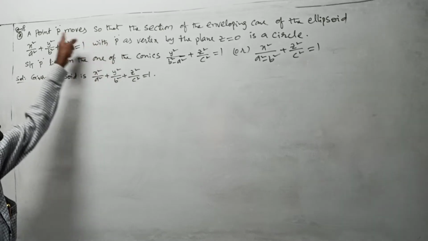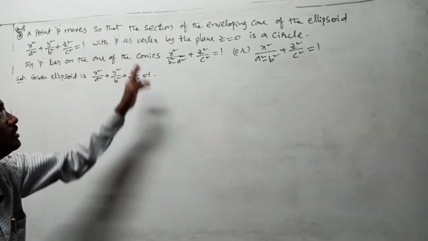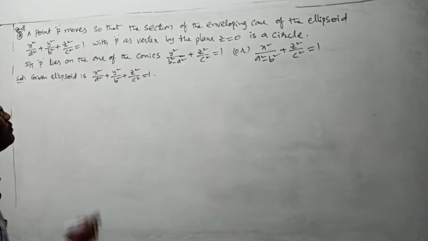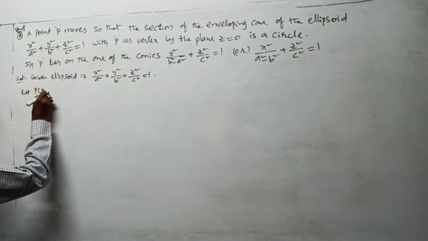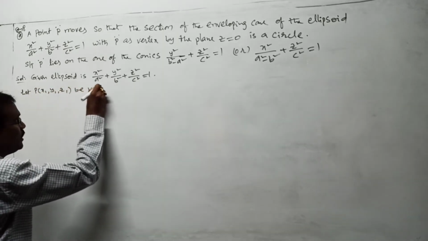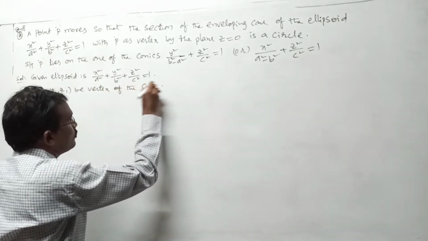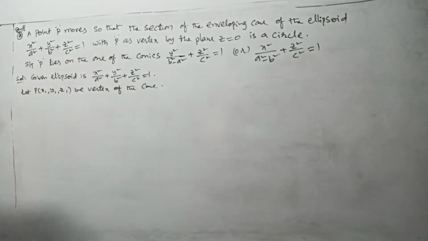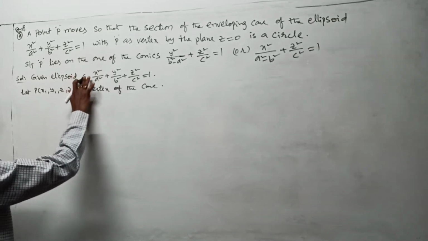Now let us take this point P as some x1, y1, z1, the vertex of the cone. Let P(x1, y1, z1) be the vertex of the cone. Our required cone vertex is P(x1, y1, z1). According to this P, I want to define S11, S1, all those things.